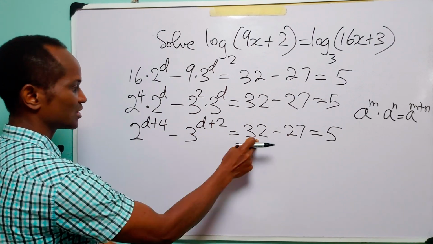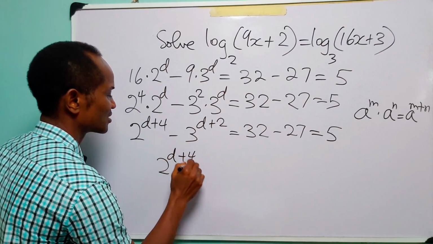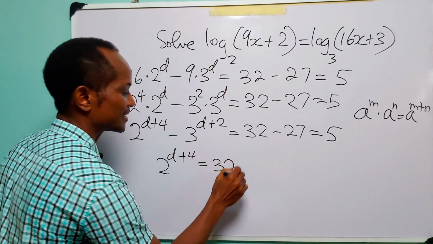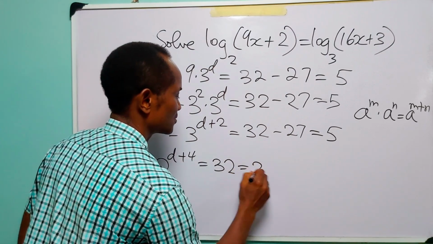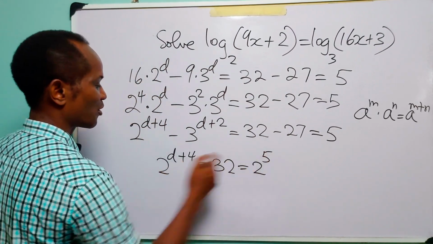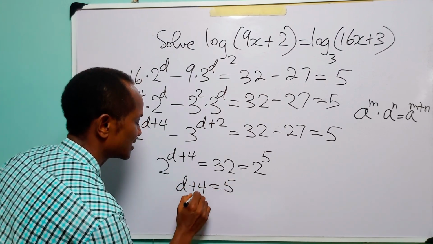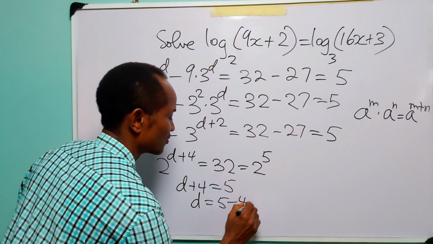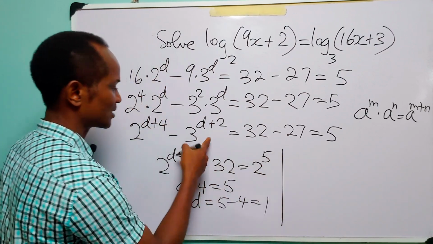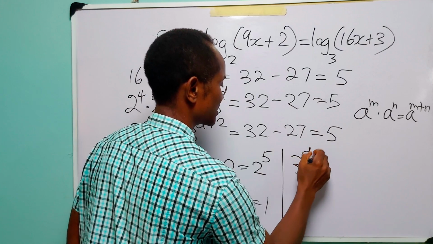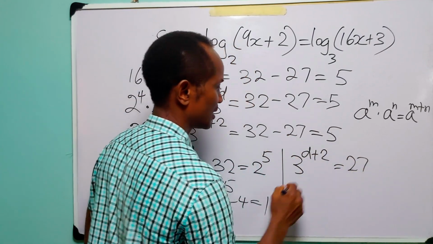When we solve these two equations, we can see 2 to the power d plus 4 is equal to 32. But 32 is 2 to the power 5. From here, we have that d plus 4 is equal to 5, and d is equal to 5 minus 4, which is 1. Also, when we solve the second equation, we have 3 to the power d plus 2 is equal to 27.